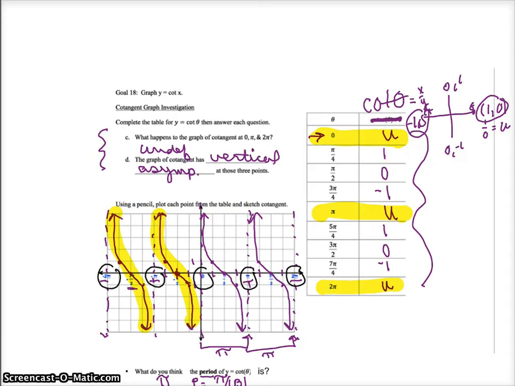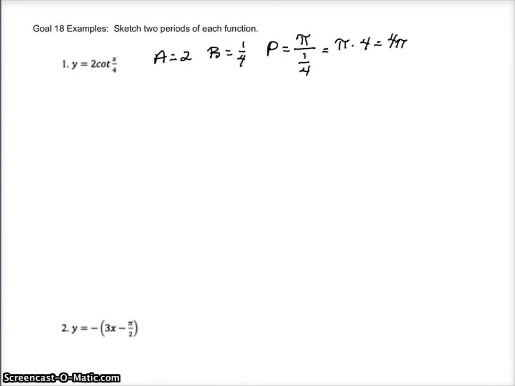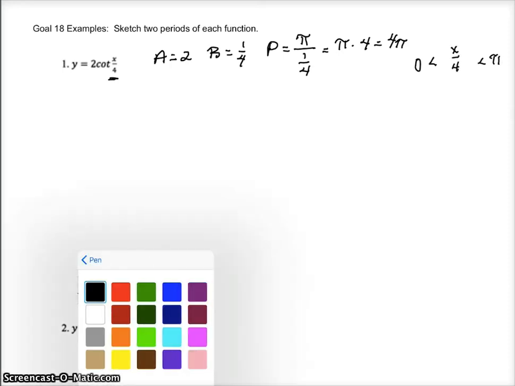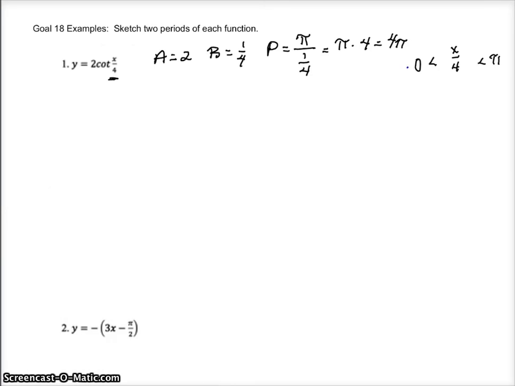So we will always use 0 and pi as the asymptotes for the parent function of cotangent. So we will place any horizontal transformations between 0 and pi and then isolate x. To do that, I will multiply each term by 4.